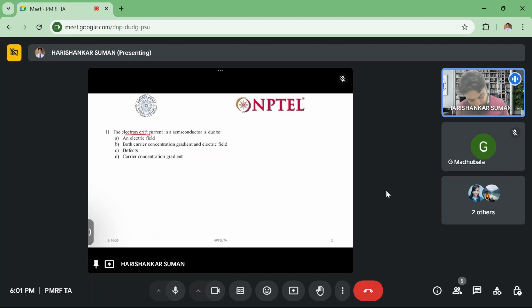Drift current. So two types of current are generally found in a semiconductor.